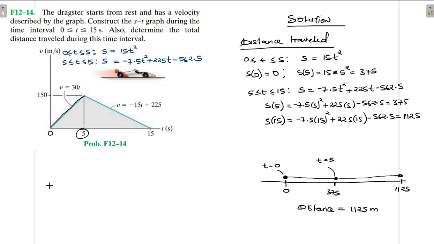And then if I was to plot a displacement time graph, we're going to have something like this. We have s in meters, we have t in seconds, and we have the quadratic there.